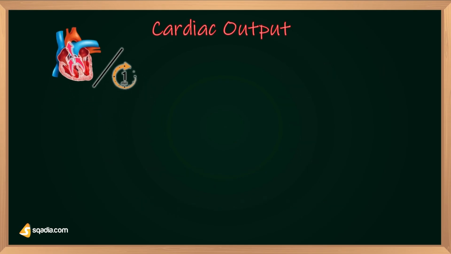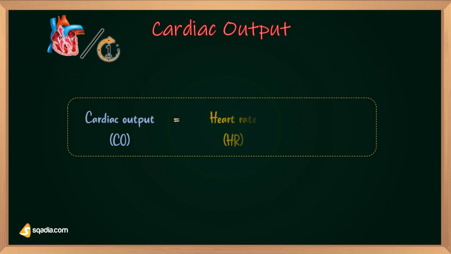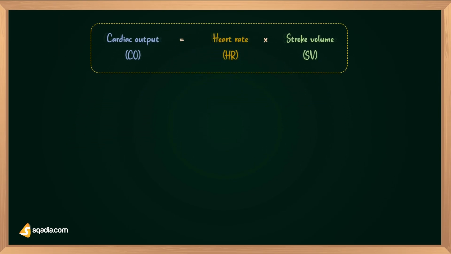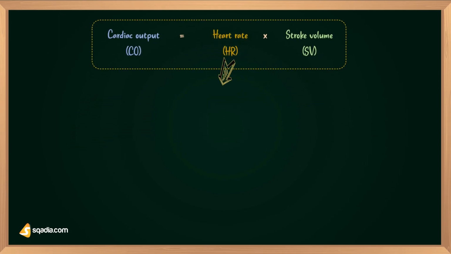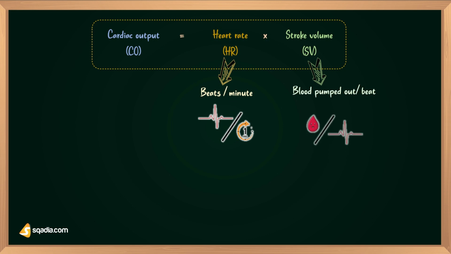The cardiac output equals the heart rate multiplied by the stroke volume, where the heart rate is defined as the number of heartbeats per unit time, usually per minute, and the stroke volume, as we discussed earlier, is the amount of blood pumped out by each ventricle during each beat.